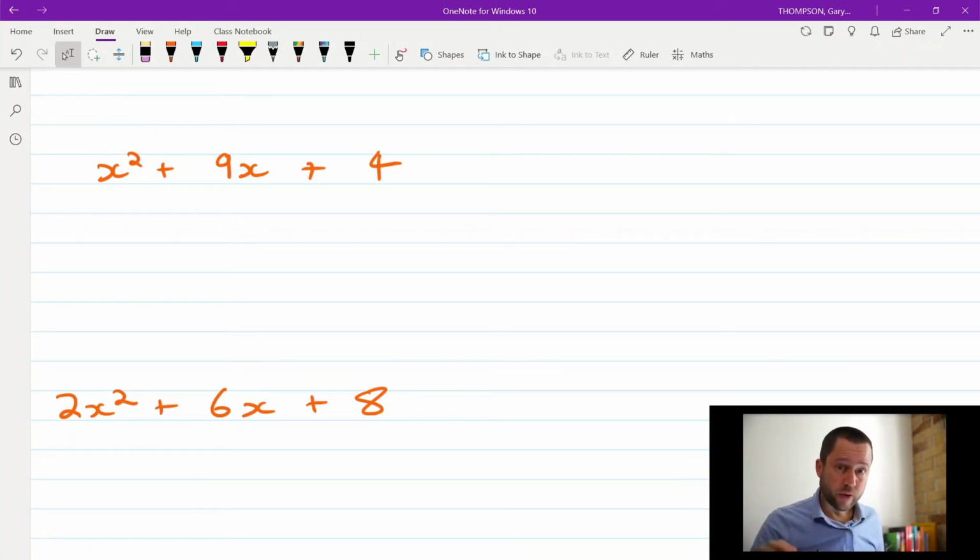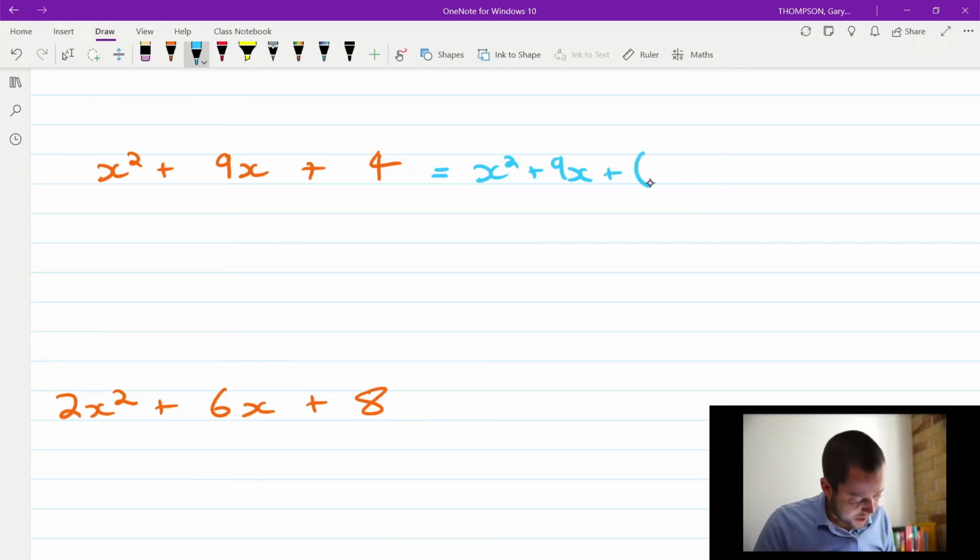Okay, this next one was a little tricky because we're going to be dealing with an improper fraction. We're not going to deal with whole numbers. So let me show you what that looks like. I want to create a square from the x squared plus 9x. To create a square, I need half the middle term all squared.